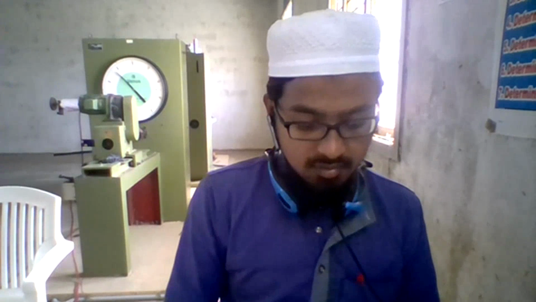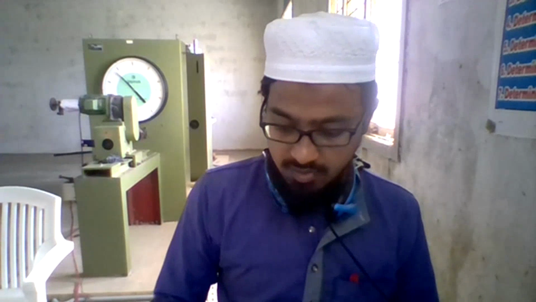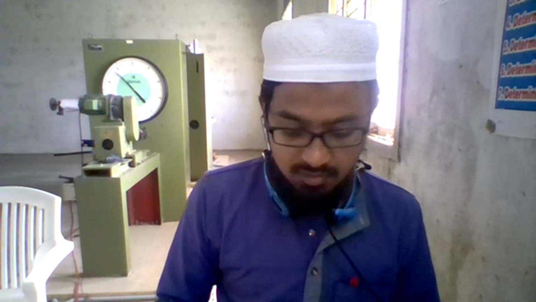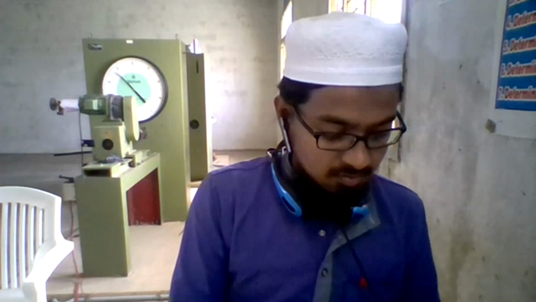First of all, we should know what the formula for modular ratio is. Okay, I'm writing here. M is equal to 280 by 3 sigma CBC. This is the formula for modular ratio.